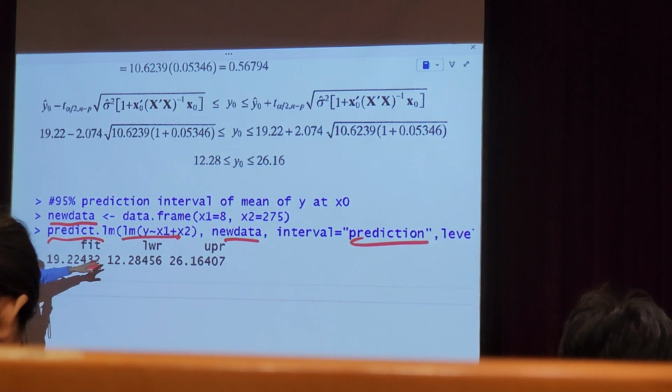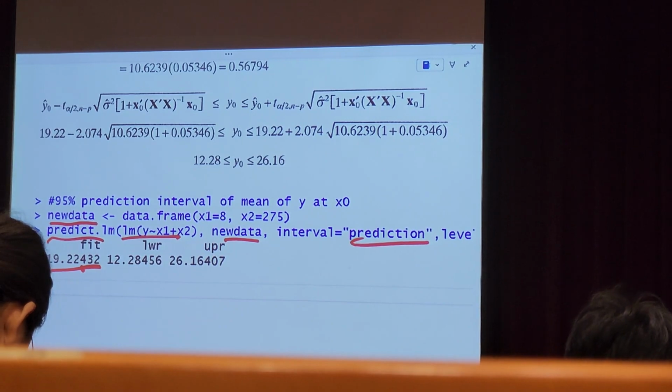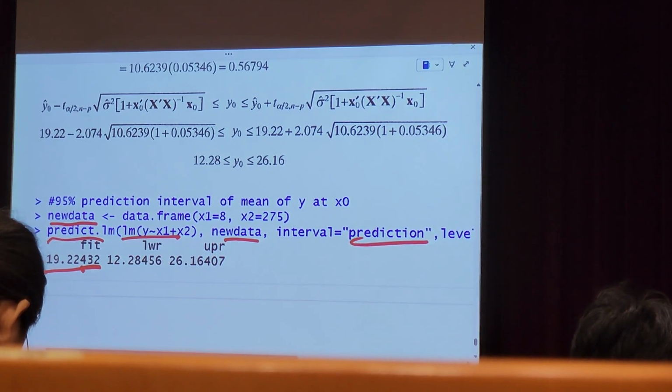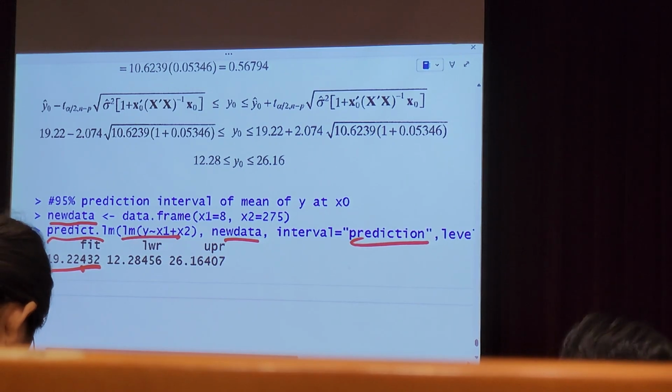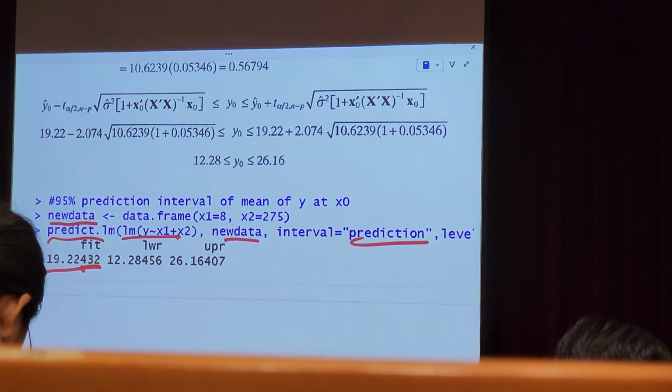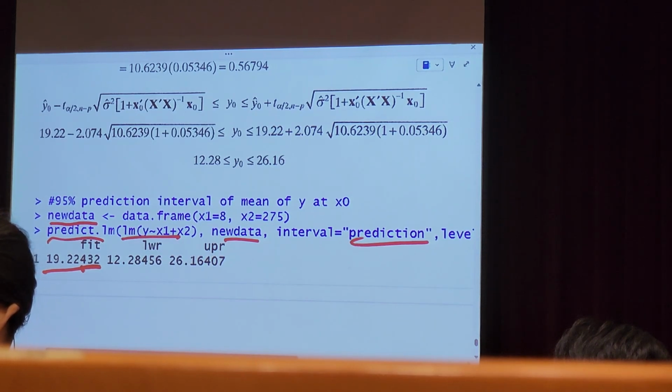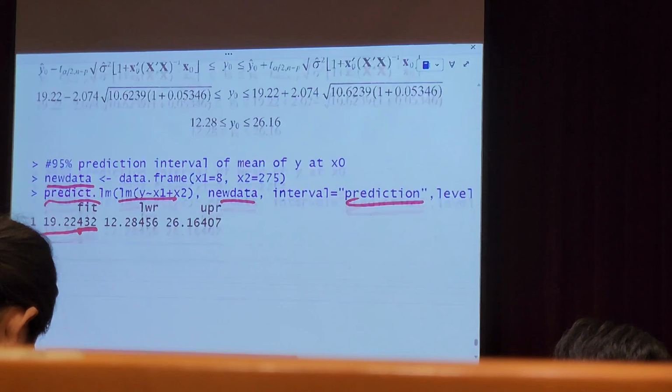And the prediction interval is somewhere from 12 to 26. So I have an idea. I should be able to do the job, at most, or quite likely, in 26 minutes. Very likely. And my prediction is 19 minutes.